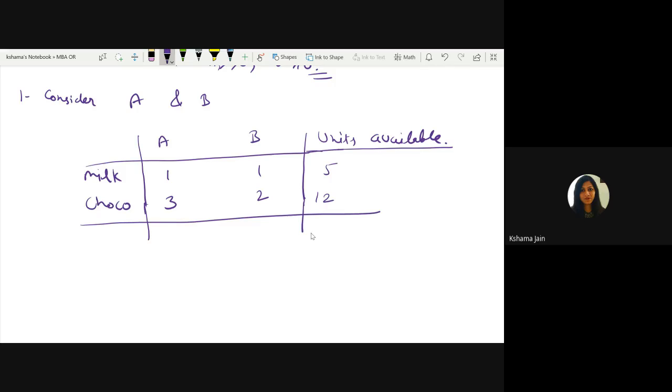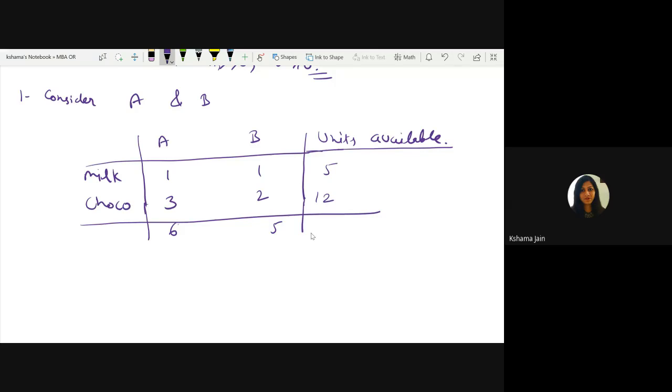Next line. They are saying there is a profit: for selling type A chocolate they receive 6 rupees, and 5 rupees profit for type B chocolate. Since all the values are per unit, we need not change anything.